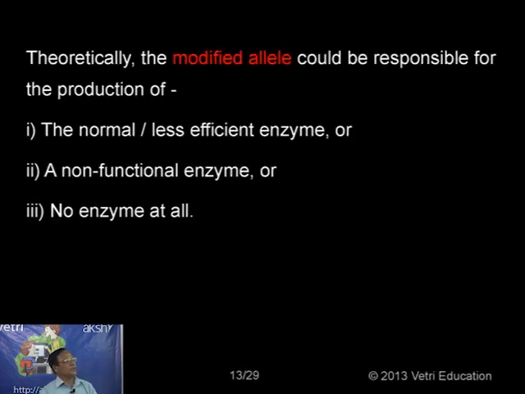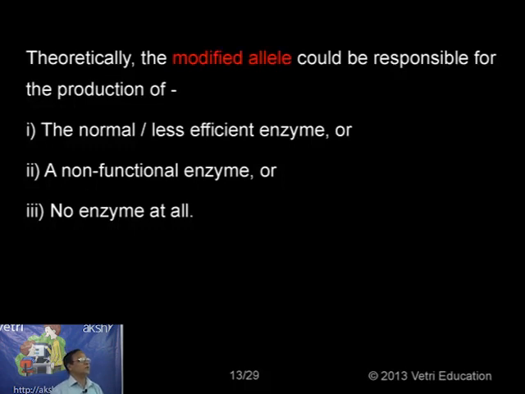The modified allele, for example small a, could be responsible for the three possibilities I mentioned. Either it produces a normal enzyme or a less efficient enzyme, or it produces a non-functional enzyme, one which is not working properly or has no ability, or it may not produce an enzyme at all.